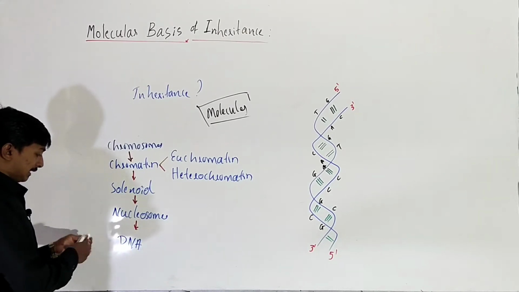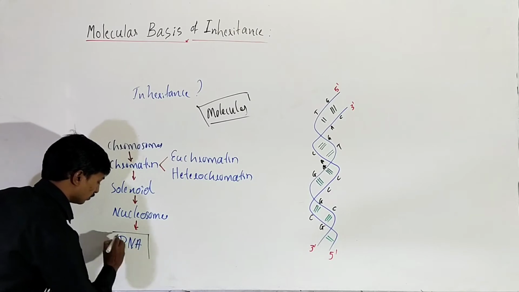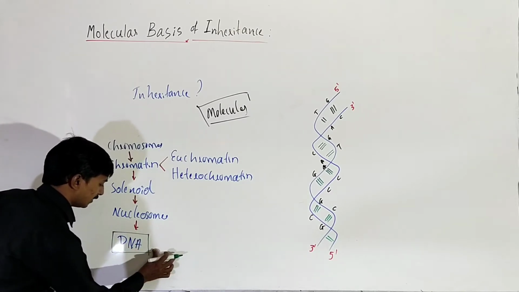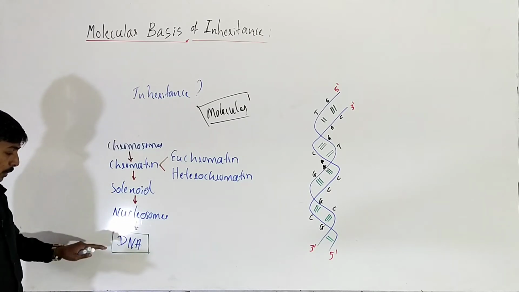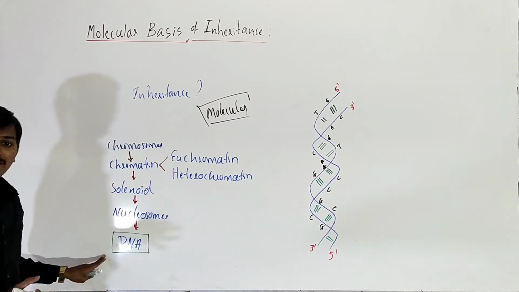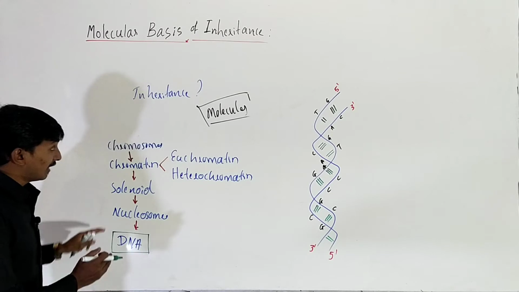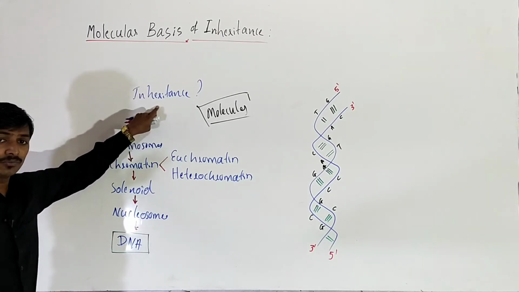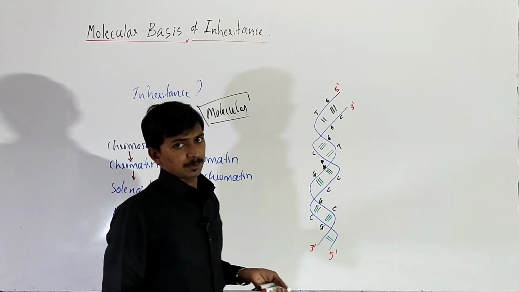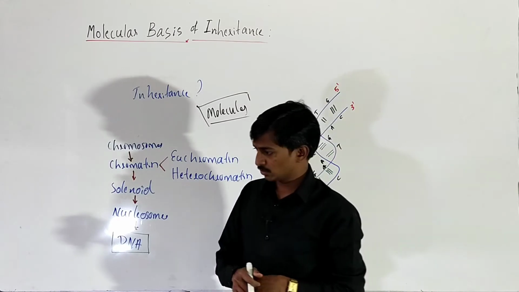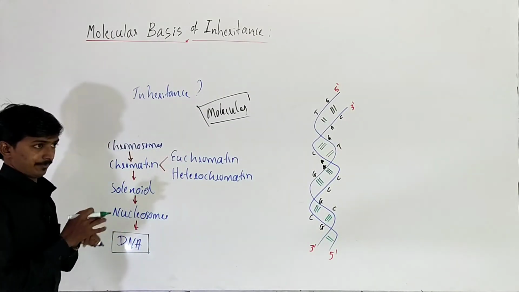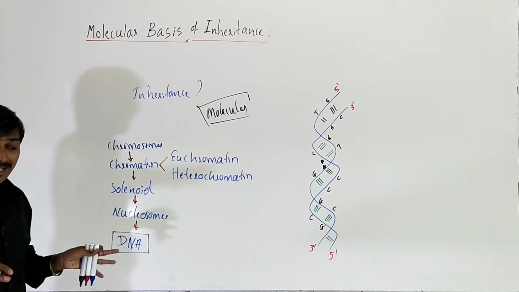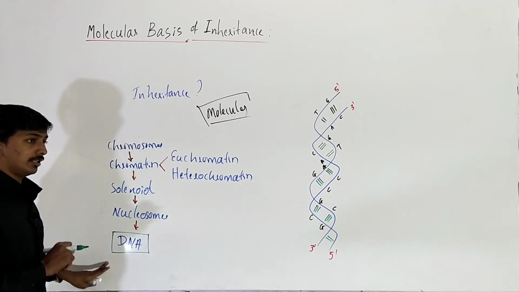So now DNA is the molecule, the major molecule, which is responsible for the inheritance of characteristics from parents to the offspring, right? So this is all about our discussion in this chapter. The whole chapter will take us around the DNA world.